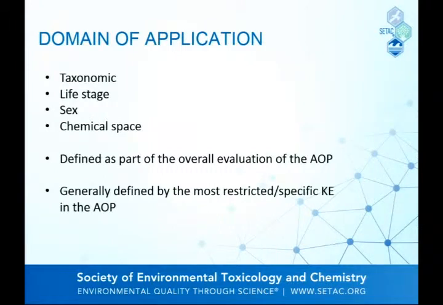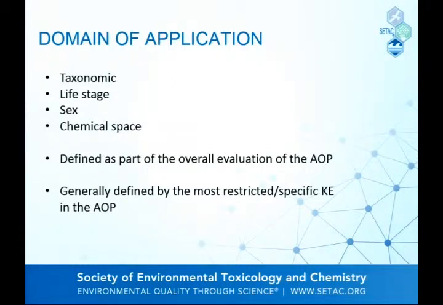That gets us a little bit to talking about domain of application. I won't go into this in great detail, but one of the things you do in the overall assessment of the AOP is trying to define the relevant biological space that it applies to. Again, we talked about that in the first presentation today. What taxa is it actually relevant to? Physiologically, what are these key events? Which taxa actually can make eggs, for example? Life stage, sex, all these things kind of bound the domain.